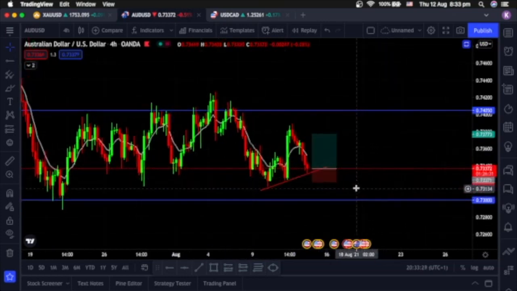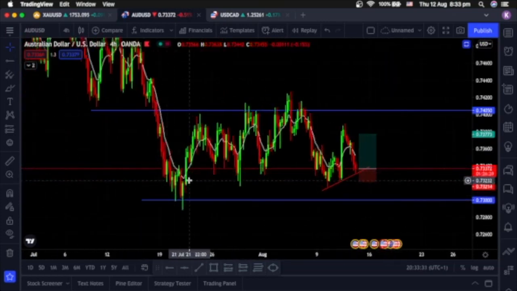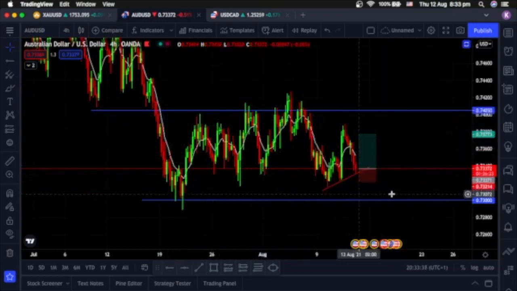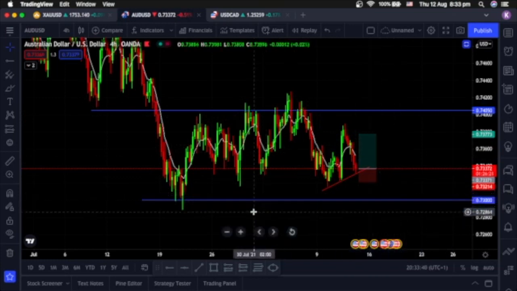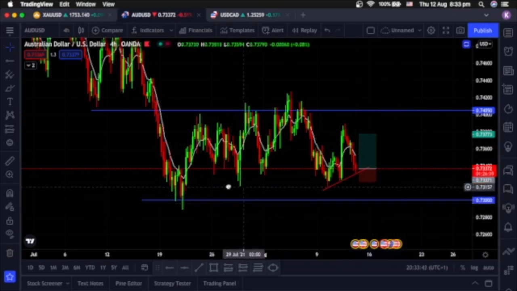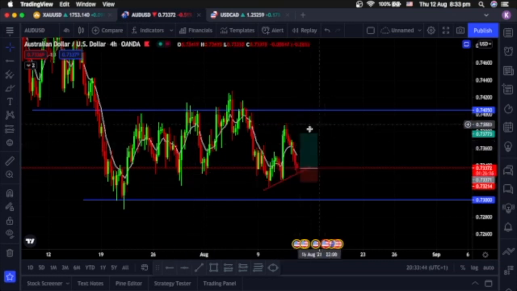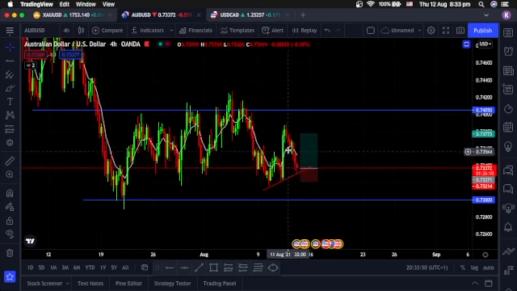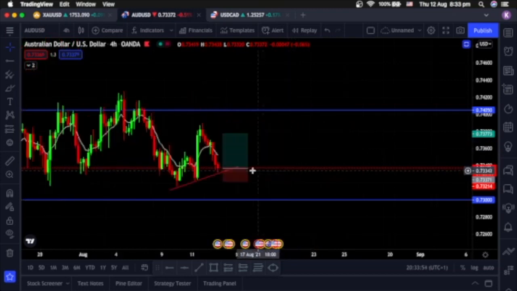So, price, Australian dollar, US dollar has been ranging within this 0.7405 and the 0.7300 area, and we've been in a bearish market for the past two days or so, right over there.